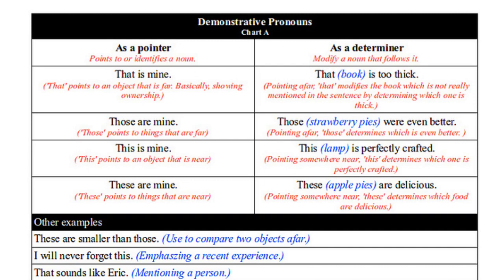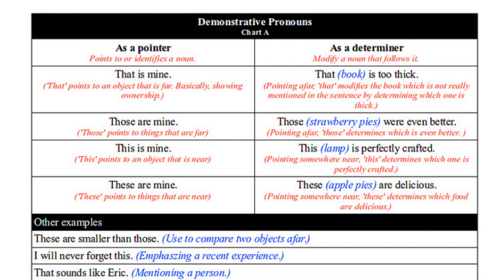We can modify that noun, or we can replace that noun with the pronoun that, because it is far away. If it is nearby, you have to use the word this for singular things. If it is plural, what do you have to use? These or those.